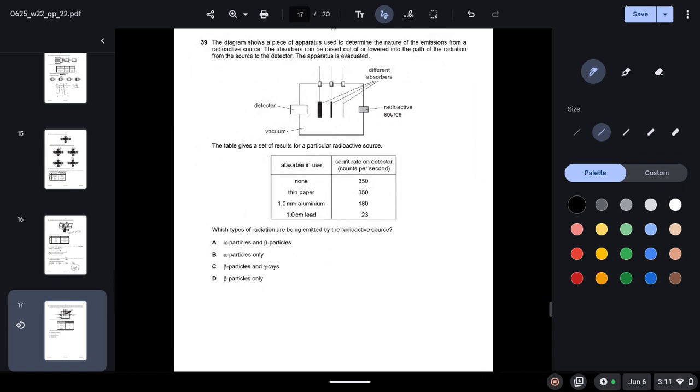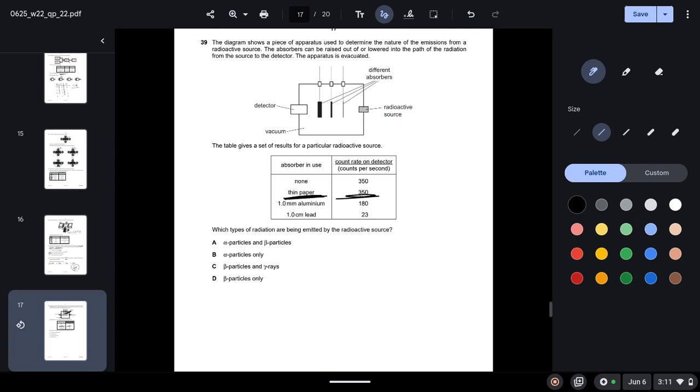The diagram shows a piece of apparatus used to determine the nature of the emissions from a radioactive source. The absorbers can be raised out of or lowered into the path of the radiation from the source to the detector. The apparatus is evacuated. The table gives a set of results for a particular radioactive source. We can see that when a thin paper was put in front, there was no effect on the count rate.